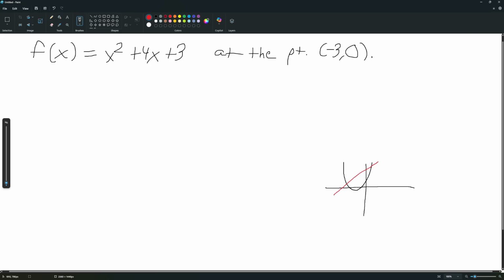Now, this is the tangent line, right? But this black part is the function, and we're looking for when x is -3, which is about right here. Now, the slope of the actual function is going down this way.